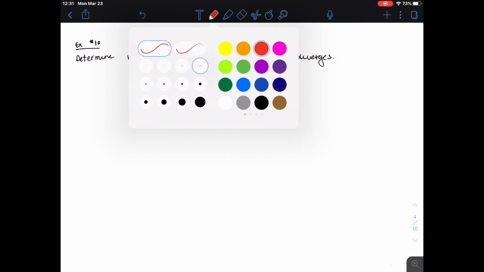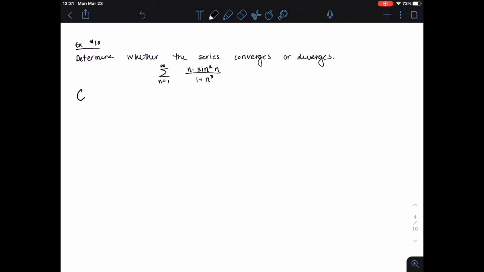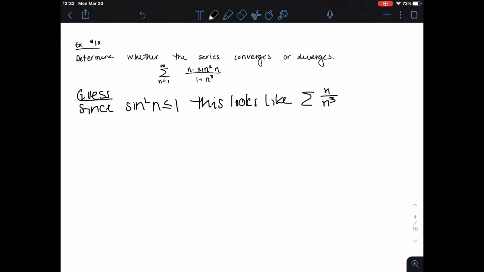So for our guess, since sine squared of n is less than or equal to 1, this looks like the sum of n over n cubed, which is the sum of 1 over n squared, which is a convergent p-series.